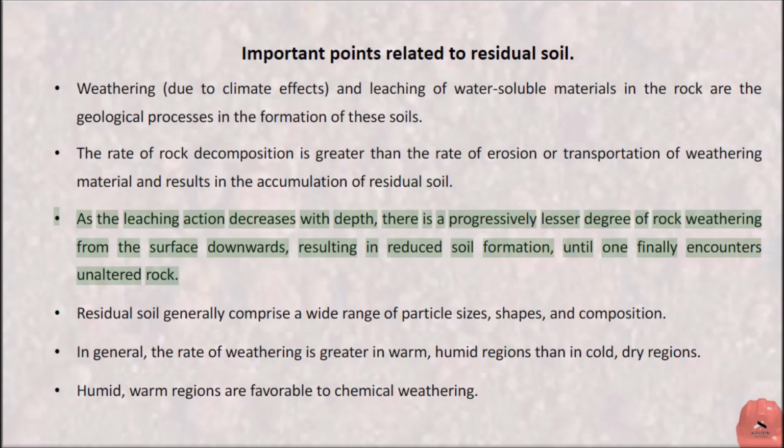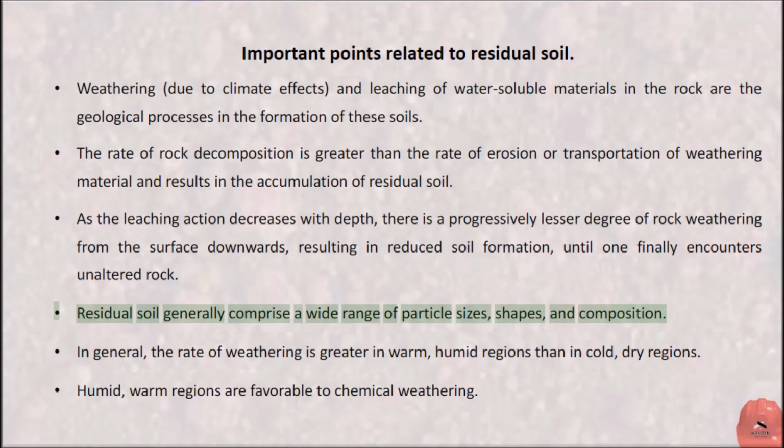As the leaching action decreases with depth, there is a progressively lesser degree of rock weathering from the surface downwards, resulting in reduced soil formation, until one finally encounters unaltered rock. Residual soil generally comprises a wide range of particle sizes, shapes, and composition.